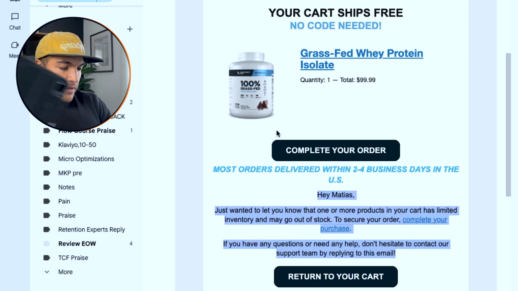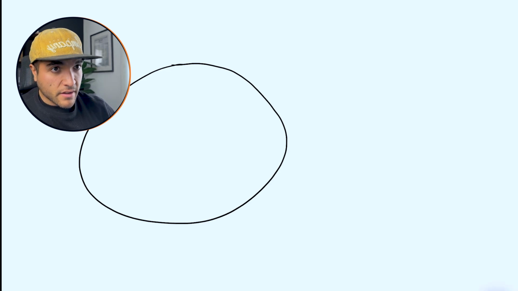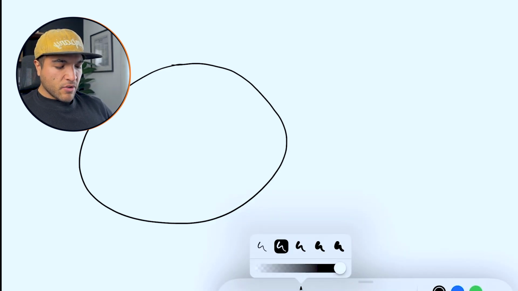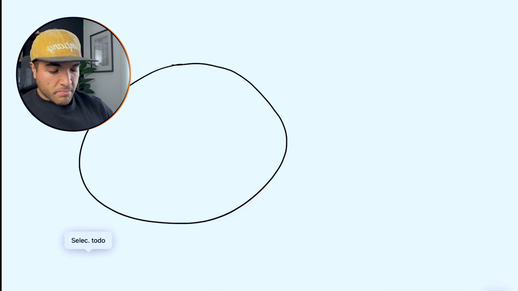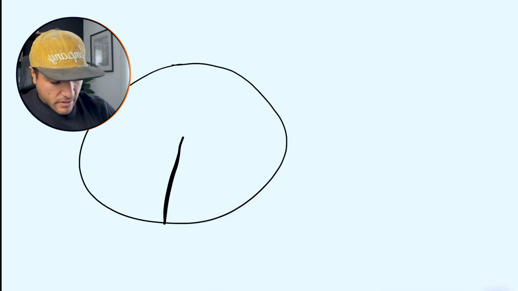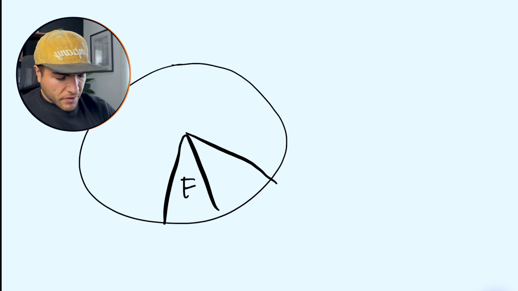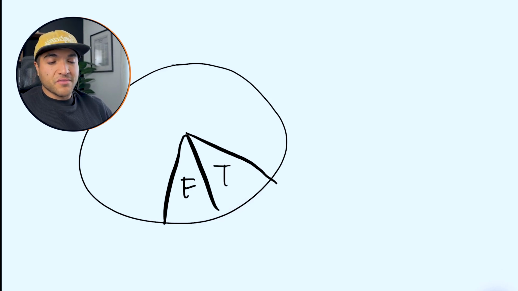So visually, say we have a pie chart like this, and again, a small percentage of the reasons why people don't buy is they simply forgot. Then there's a small percentage that has technical issues. I don't know, they simply don't know how to buy online.